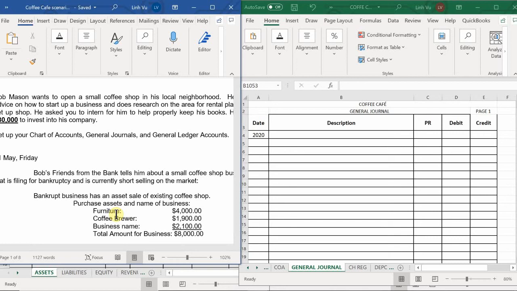We need to have a bank account. And right now, do I have a separate bank account for my business? No. No. So therefore, yes, a business transaction has happened, but right now, that $30,000 is in Bob Mason's personal bank account. Can I journalize a business transaction on a personal bank account? No, you cannot.